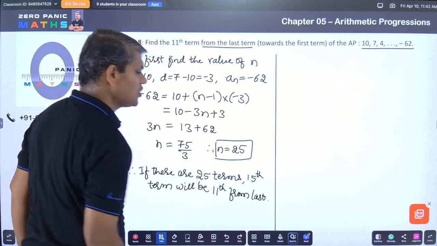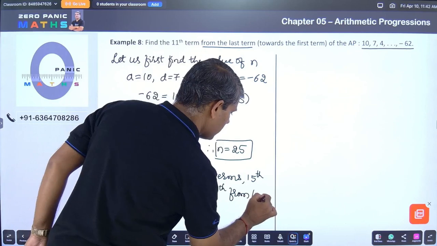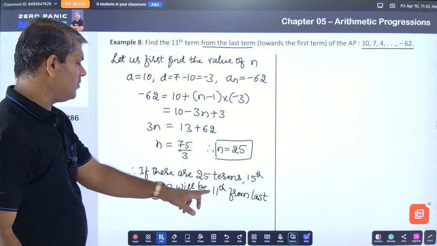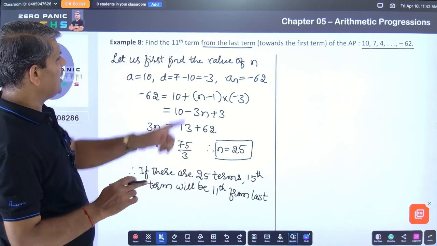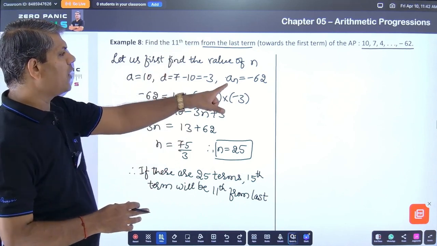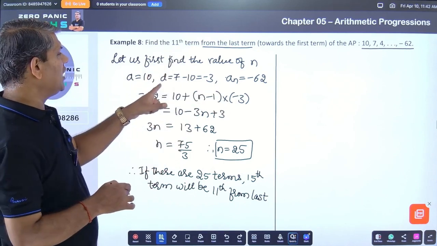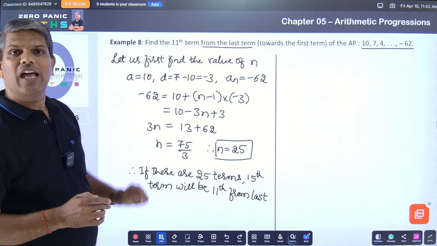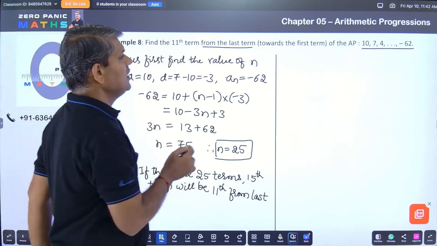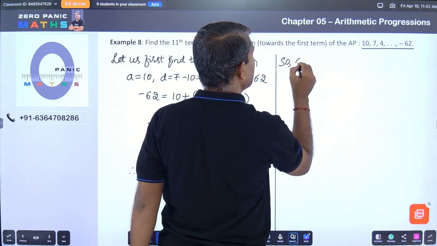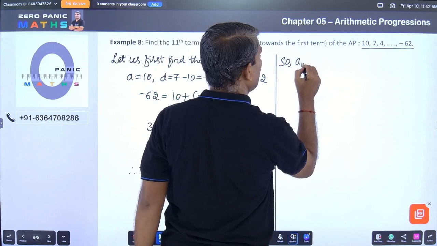You can write it in short. The 15th term will be the 11th term from the last. That is what we want. So with this given information, if you find a15, that will be your 11th term from the last. Let us do that. We need to find out a15.